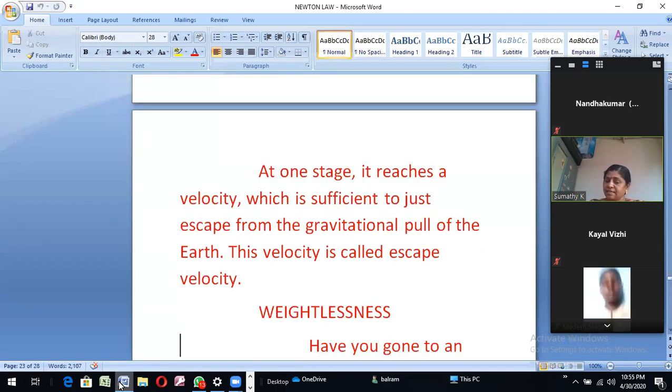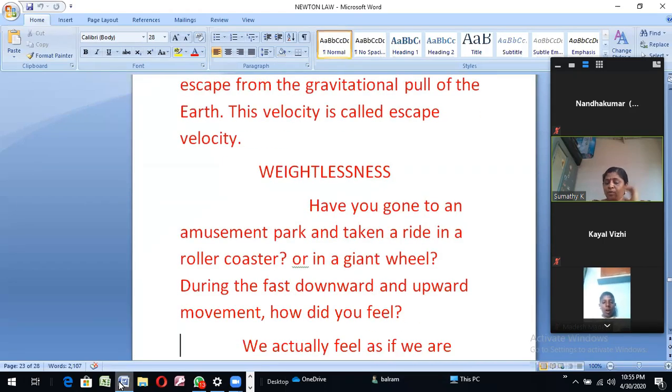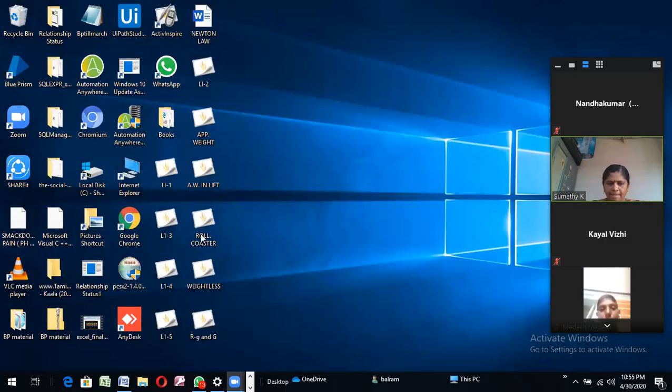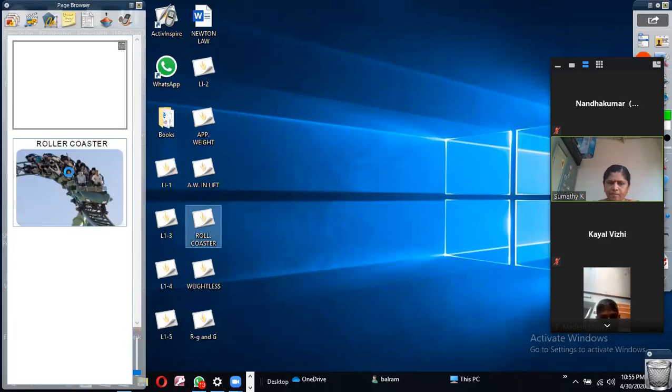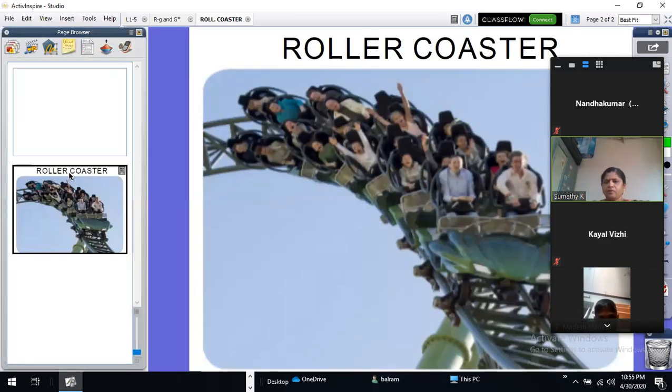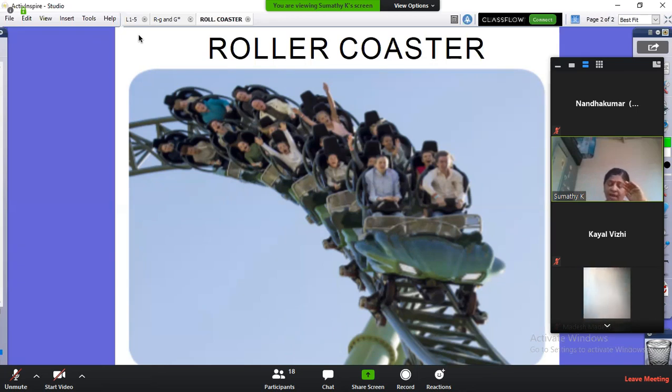Next, weightlessness. What is weightlessness? Now, what do you see in this picture, ma? A roller coaster. Okay, in the roller coaster, when we go upwards and then come downwards, what will happen?